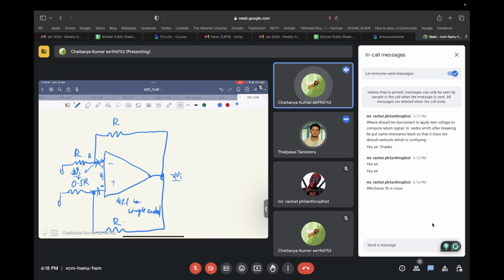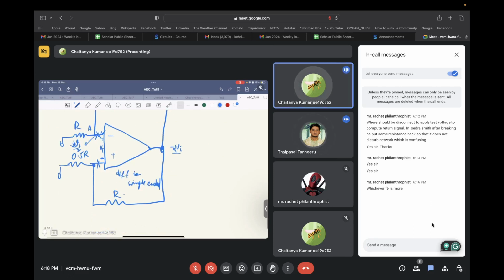Because you have R and R, a resistor divider between two equal resistances, which results in the voltage getting halved. And in this case, at node B, you will have 0.5 by 1.5 times alpha Vi, so minus alpha Vi by 3.